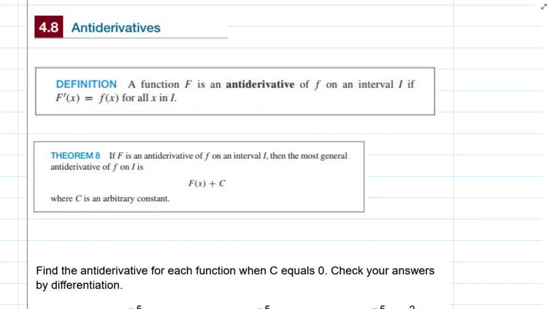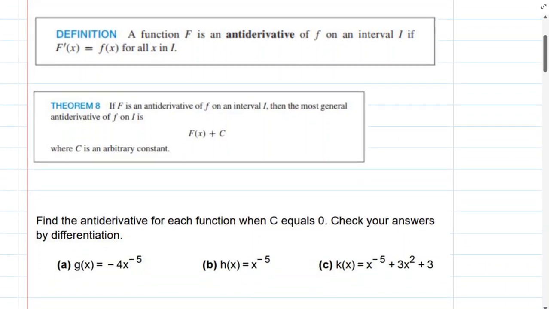Okay, so we start off with a definition. The definition of cap F is the antiderivative going backwards. That means the basic function.